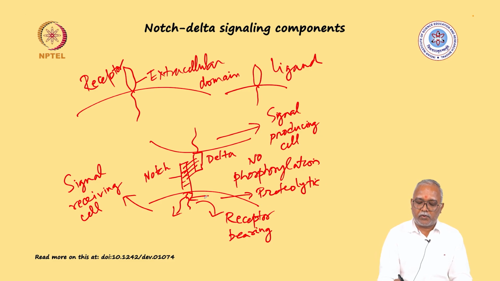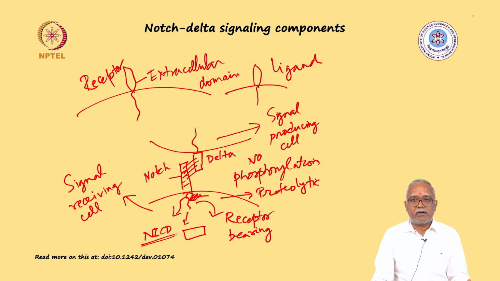Here the proteolytic cleavage at this particular site releases a component which is called NICD, the Notch intracellular domain, and this domain has the sequences which direct it inside the nucleus, where it regulates the transcription process.